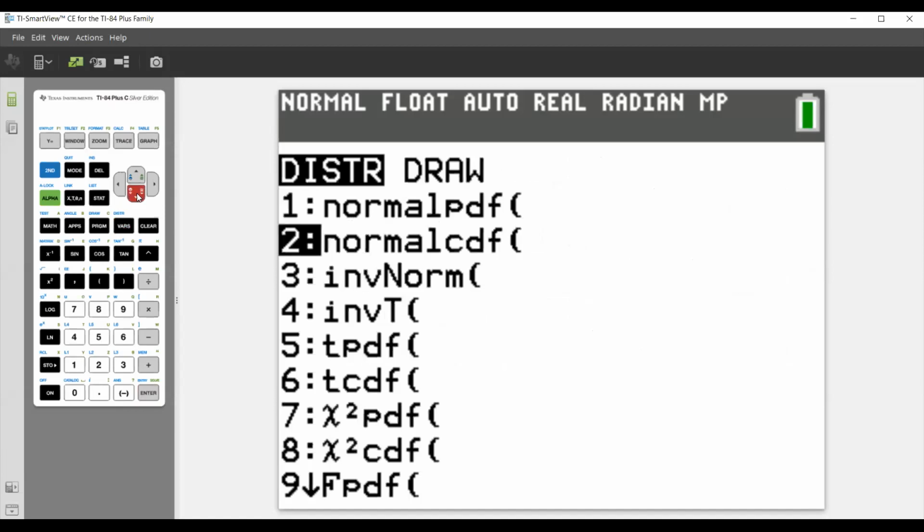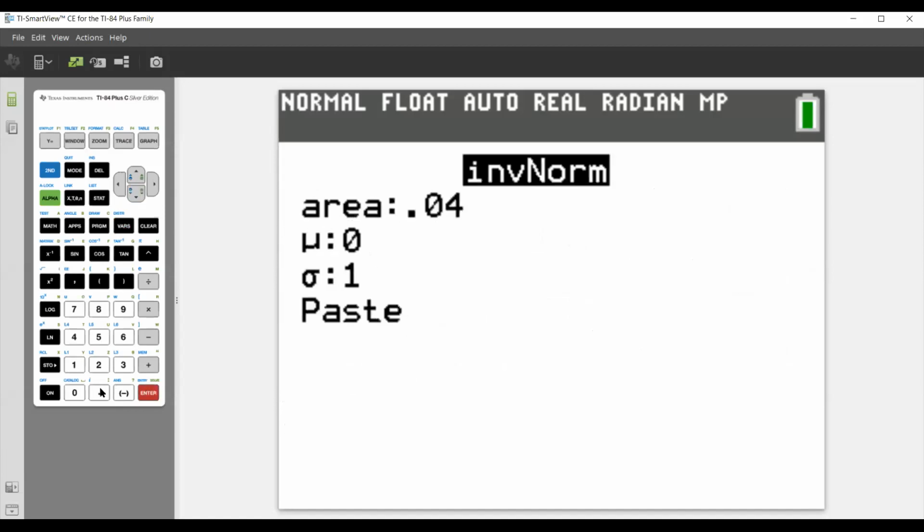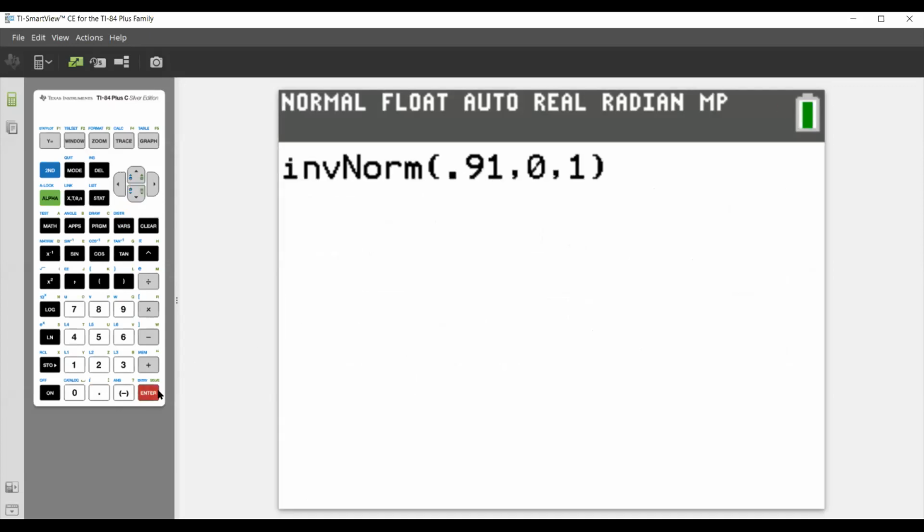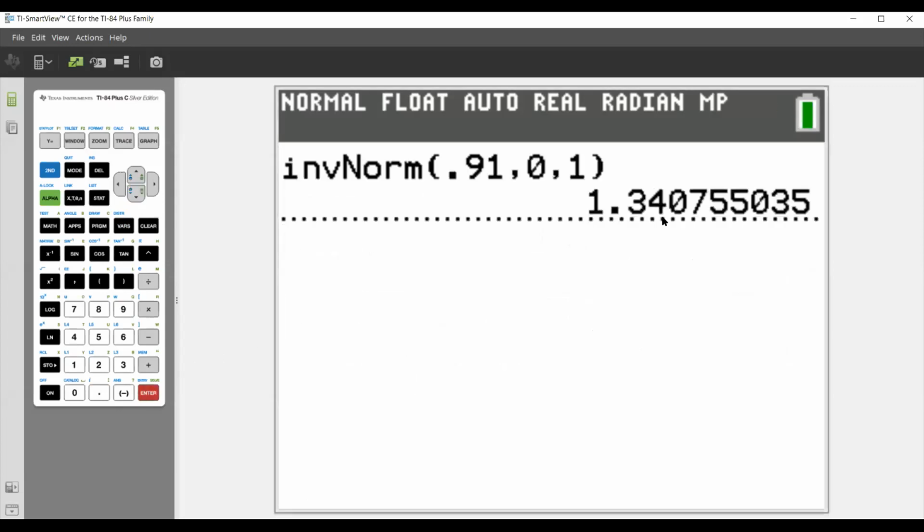The 91st percentile for z, you just type in 0.91 here. It's the area to the left. Percentiles should be easy questions if you understand the definition of it. That's the whole key here. So the 91st percentile is 1.34. If you wanted to round to three decimal places, you might put 1.341. But this whole thing is the 91st percentile for z's.